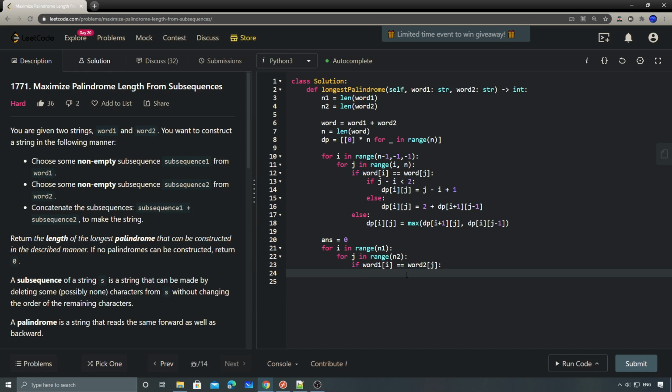Otherwise, there's no need to consider it because there won't be a palindrome, since the palindrome has to have the left and right matching. So here we're saying, starting with I and ending with j, what is the longest palindrome for that.